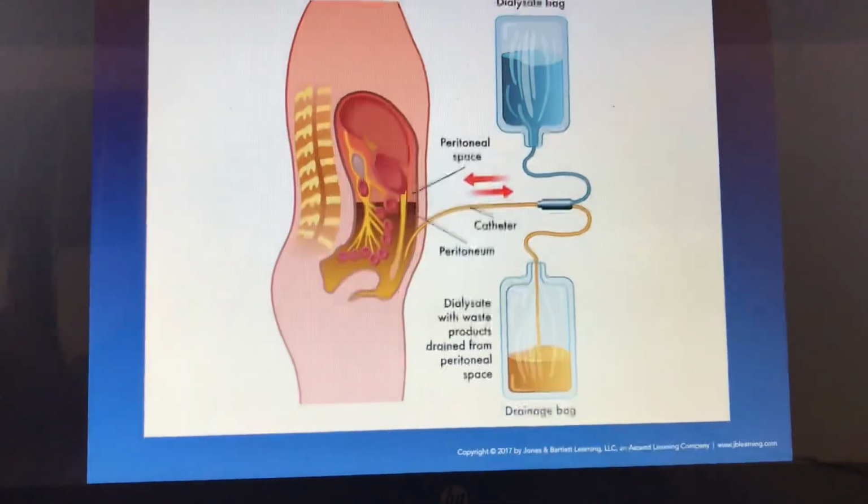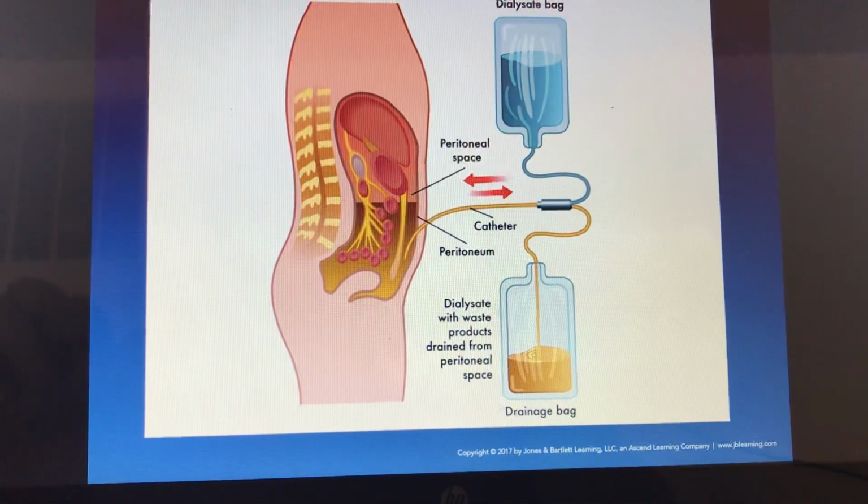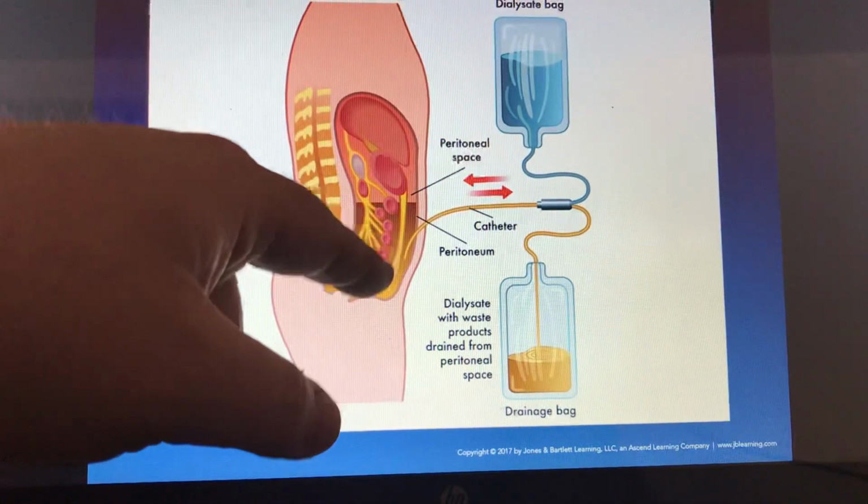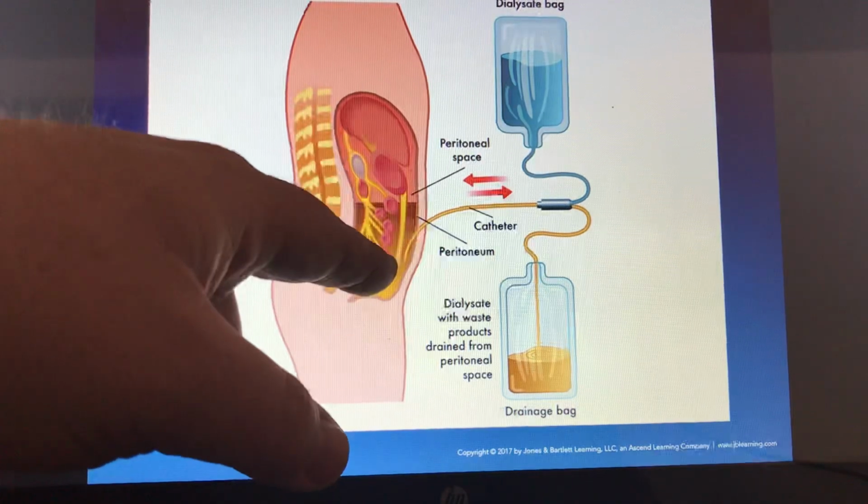So we did talk about dialysis, but there's another way they can do dialysis, especially if there isn't much of an issue, but they need to do dialysis, and they don't want to do it with the fistula, and they're not at, like, maybe stage 2 or 3. They can do something called peritoneal dialysis. It's a setup at home. They have a catheter put into the abdominal area, into the peritoneal space.